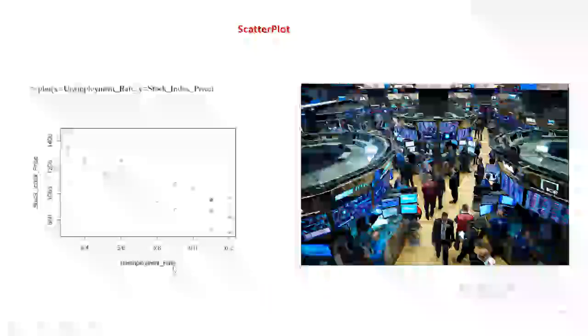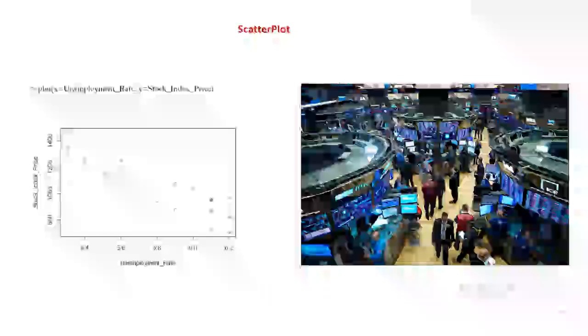Unemployment means people don't have money to invest in stock. This is simple logic. If people are getting a salary, if they are employed, obviously they are going to spend money on stock. This indicates that if any country has higher unemployment, the stock market of that country will fluctuate.